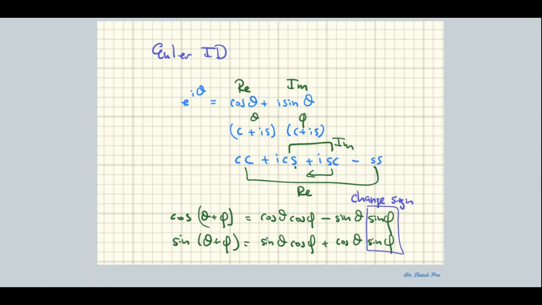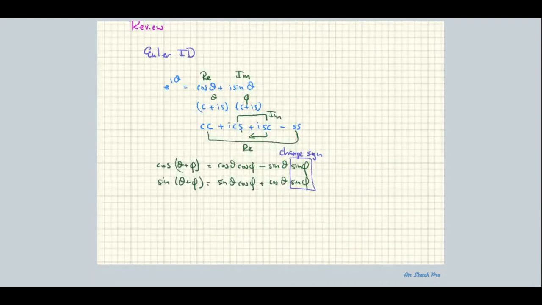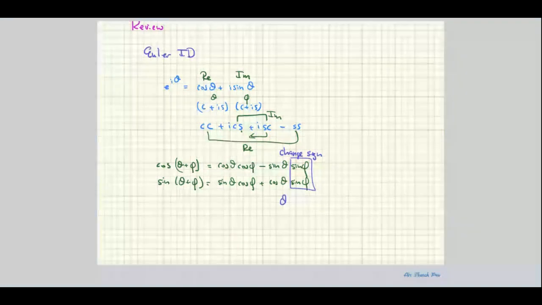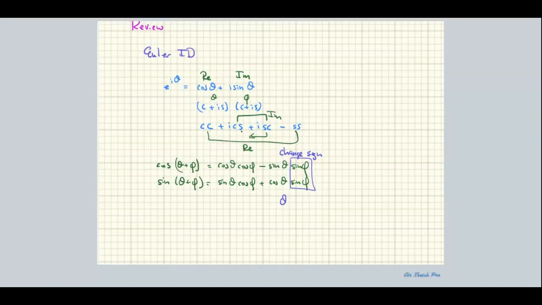These change sign when you go from phi to negative phi, to get yourself the difference formulas. And again, I don't want you to memorize the sum and difference formulas separately. I want you to memorize just this one and then plug in negative phi. Okay?